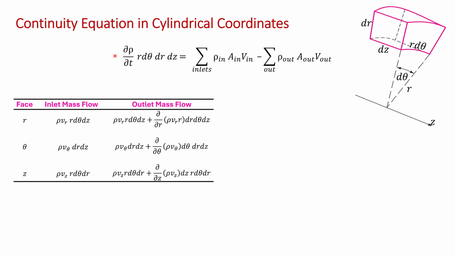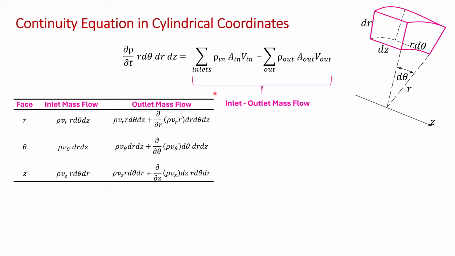So this is the continuity equation with the rate of mass storage term that we just obtained. I've also reproduced the summary table with the inlet mass flow rates and the outlet mass flow rates on the r, theta, and z faces of our differential control volume.